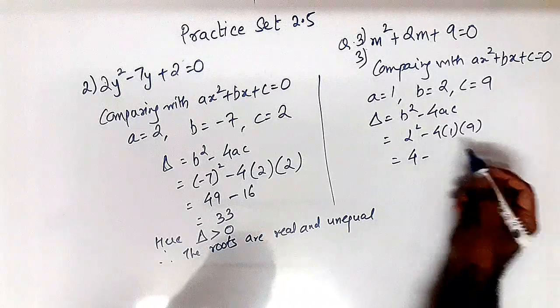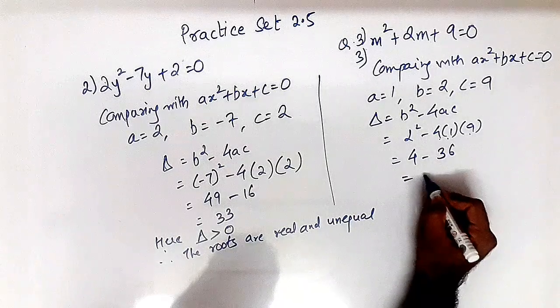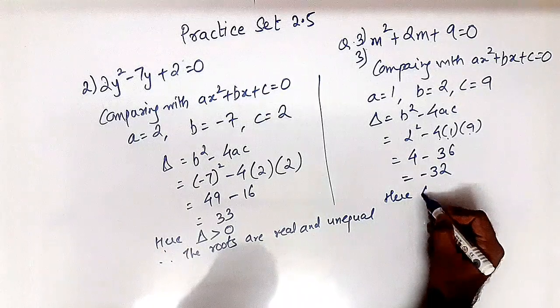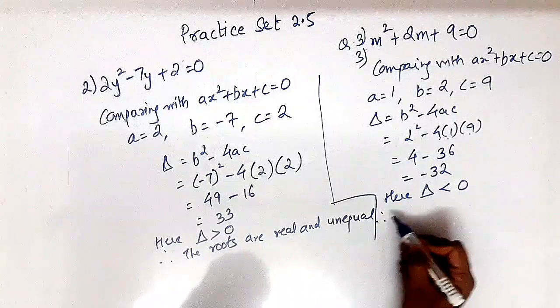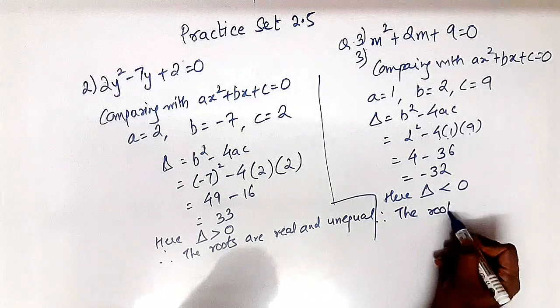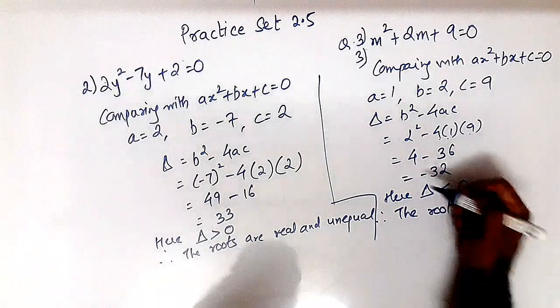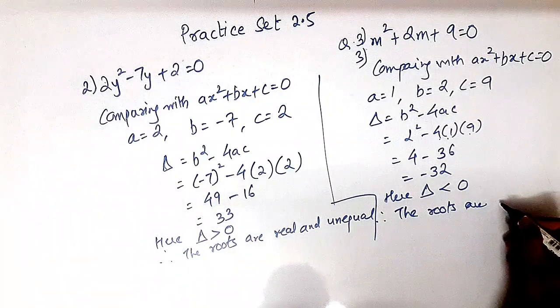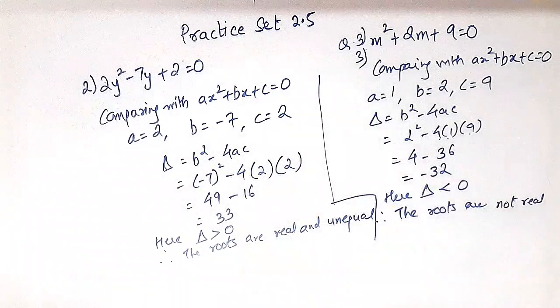So that is 4 minus 4 ones are 4, 4 nines are 36. What is 4 minus 36? Minus 32. So I can write here discriminant is less than 0, means it is negative. Therefore, the roots are not real, or you can write no real roots.